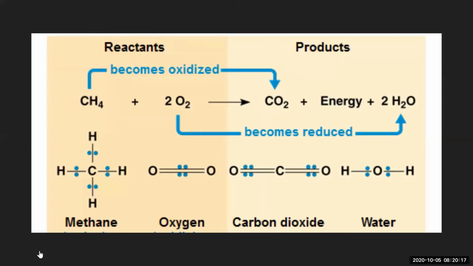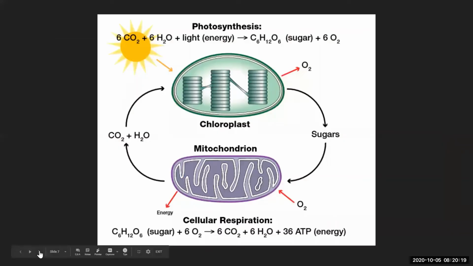So we have 2 reactions here. These are big, huge metabolic pathways, and there's lots and lots of reactions that happen, but our overall process is we need to know what is oxidized, where do we get electrons from, and what is reduced, where do those electrons go.